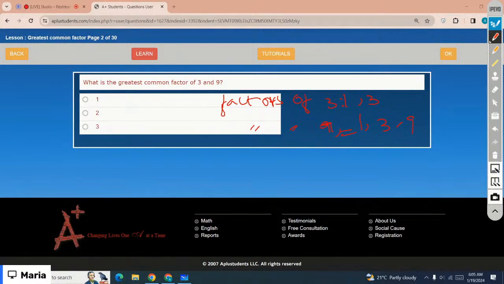So which is the greatest common factor? 3 is the greatest common factor. The correct option is 3.